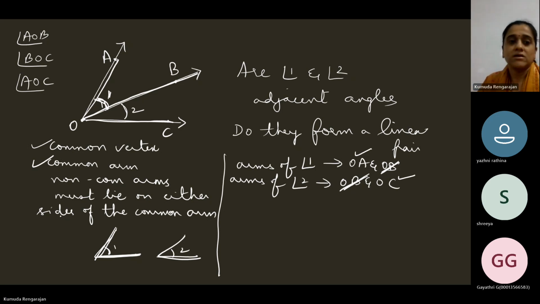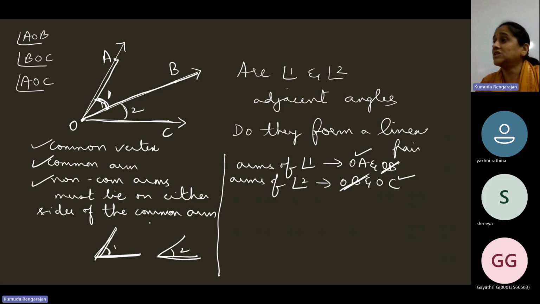Correct? So, common vertex O, common arm OB, non-common arms OA and OC lie on either sides, like one above and the other below.